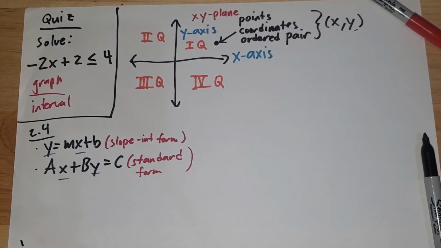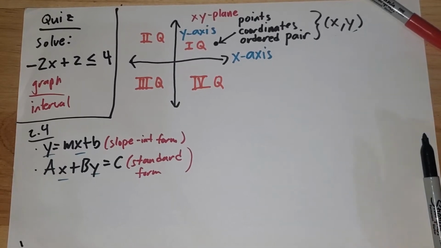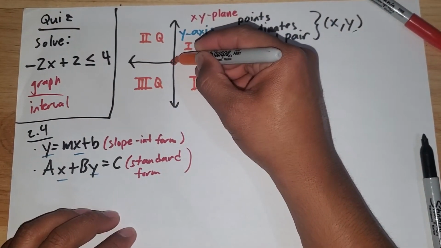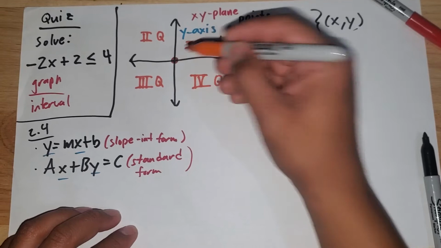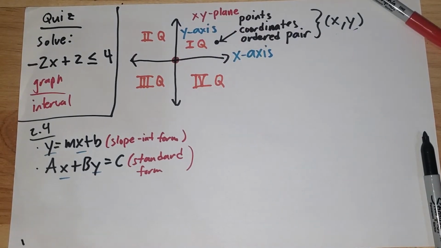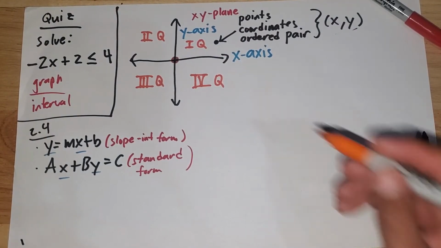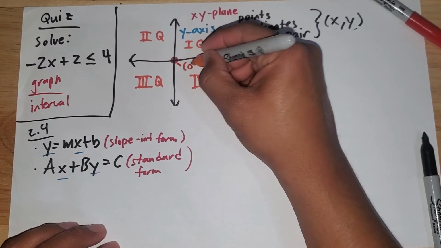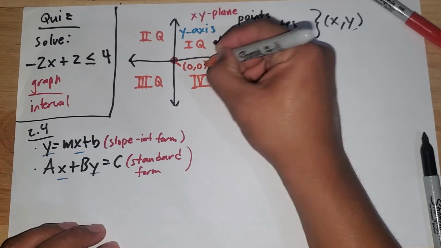There's a couple other specific points, coordinates, ordered pairs, and I'll denote that right now because there is a point right where both the X and the Y axis meet. This is the coordinate 0, 0.